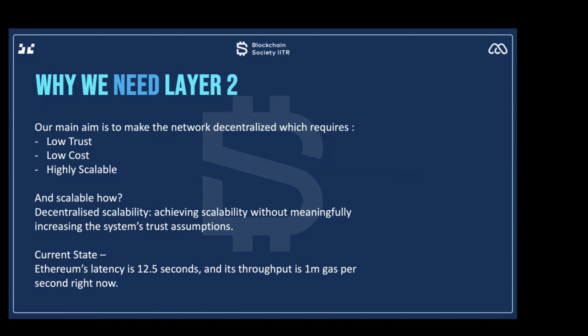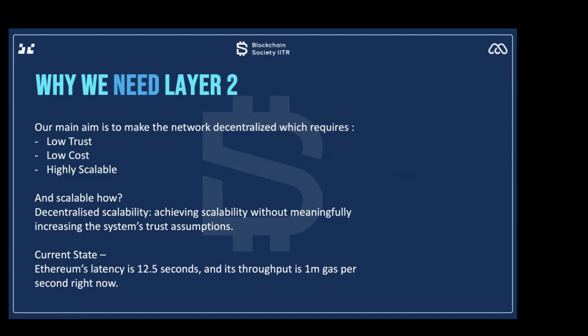Scalable means that it should be able to operate for a vast amount of users, not just 10 or 15 transactions that are happening right now. Now, scalable how? Scalability can be achieved in many things, like many apps are scalable. They are available to users worldwide. Google, Microsoft, everyone is developing apps. They are scalable, but we want scalability which is decentralized.